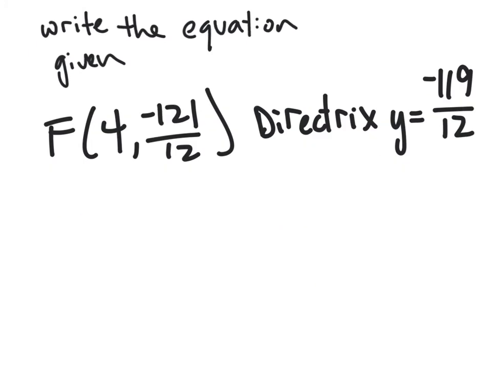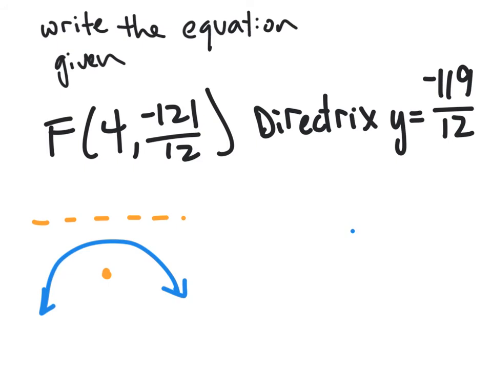All right, finally, let's write the equation given a focus at (4, -121/12) and the directrix at y = -119/12. This looks crazy, but it's not as bad as you think. Whether or not you can see that this opens up or down from the beginning isn't too big of a deal, but we should know that it opens down just because the focus at -121/12 is lower than that directrix at -119/12.